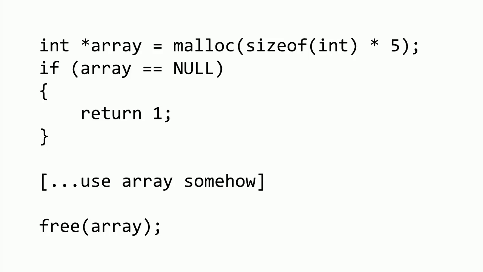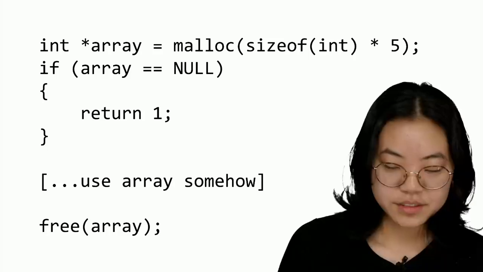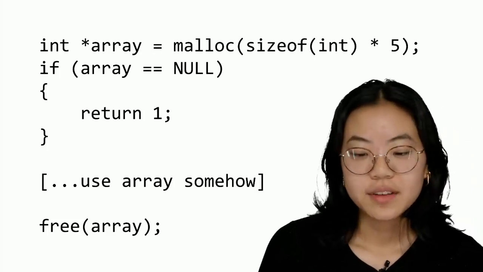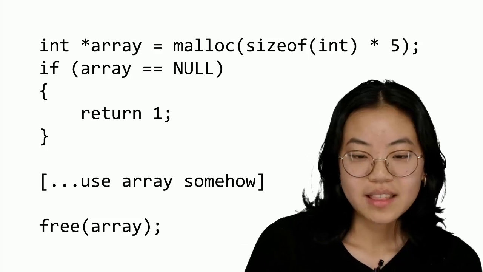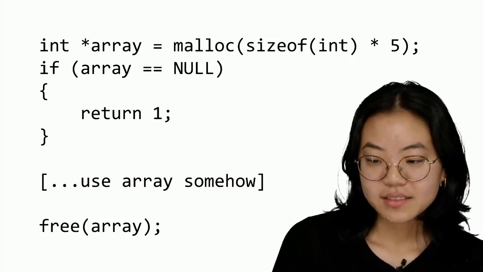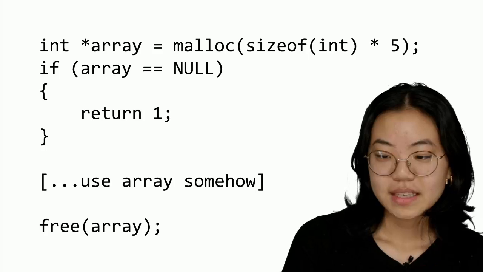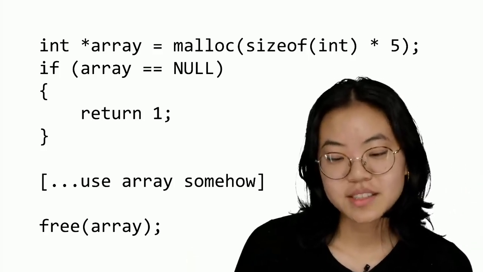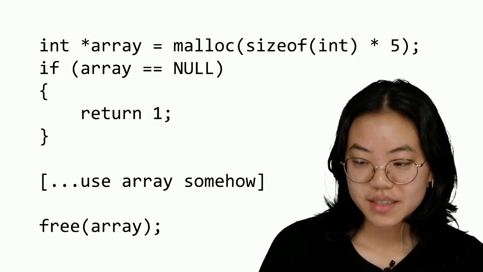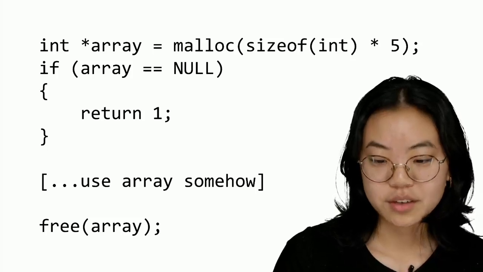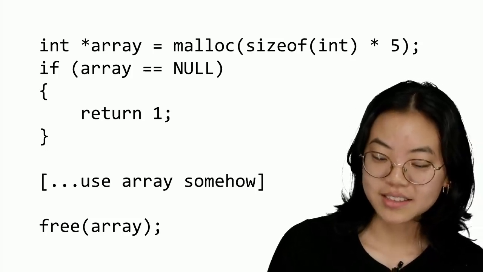Another thing we have to remember when we're working with memory like this is that if we're mallocing, so we're asking for this amount of memory from the computer, here's this array pointer, give me this amount of memory. It's also important to note that we should always check that that is not null.